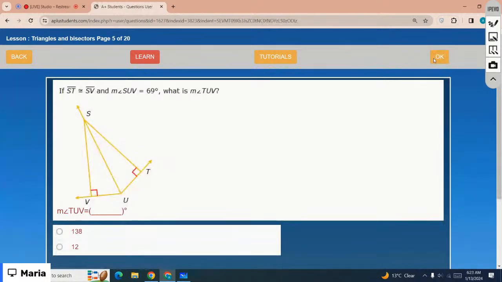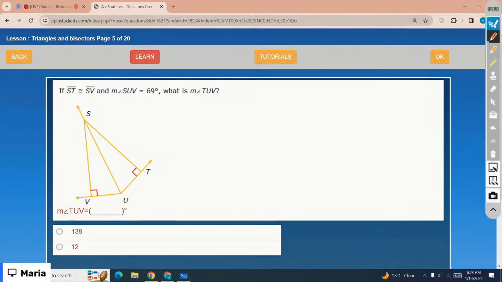If ST and SV are equidistant, SUV is 69. What is TUV? Which is the correct option? Okay, so you are given SUV, and this one is 69.